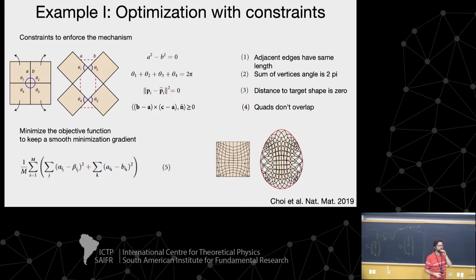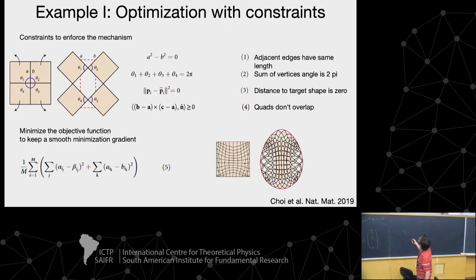Yes? What is C? I'm not sure what C is. Some parameter of the tiling, but I'm not sure. I think maybe the last constraint is to make sure the quads don't overlap.